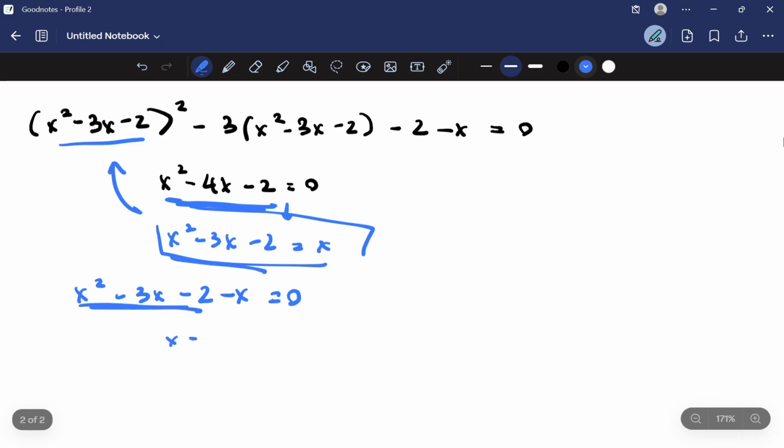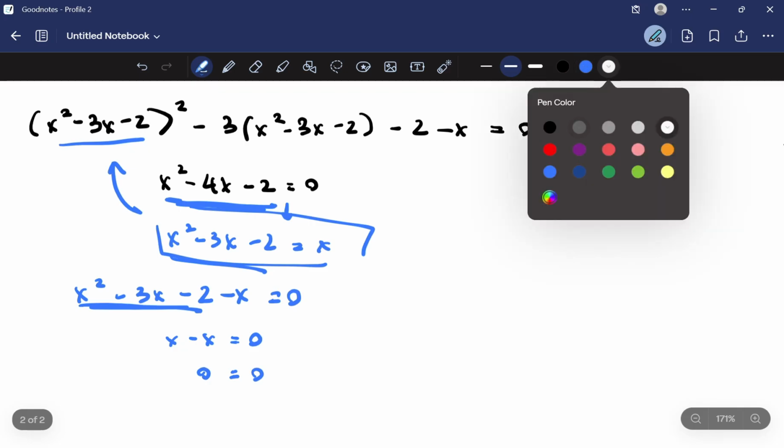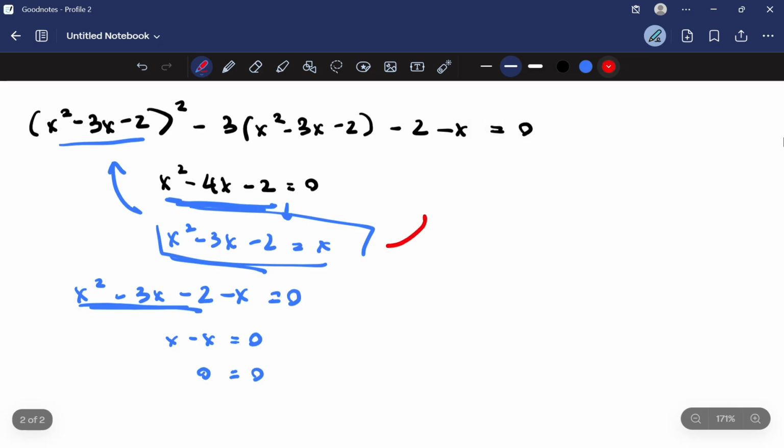We have x minus x is equal to 0, 0 equals 0. And so since we subbed this term in to get 0, we know that this whole thing is a root of this equation. What this also means is that the roots of this equation are also roots of this equation.